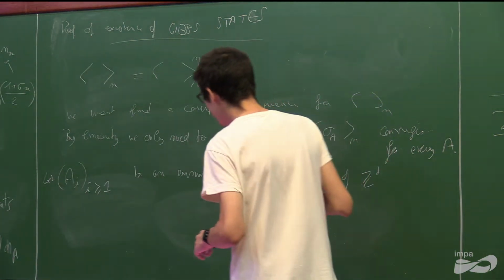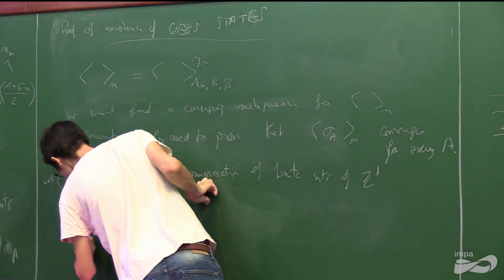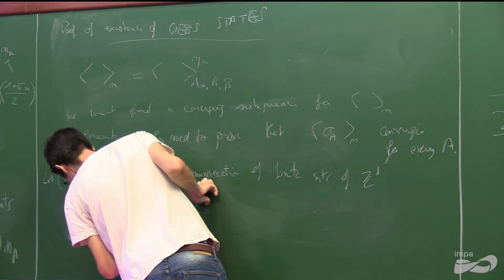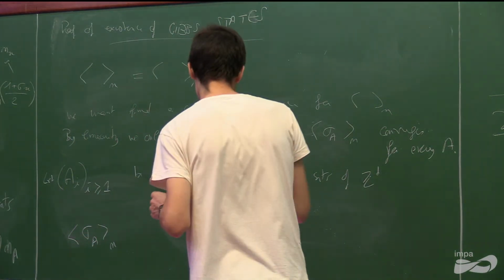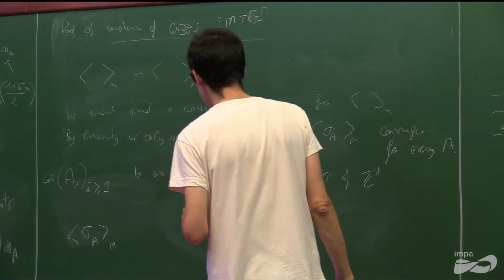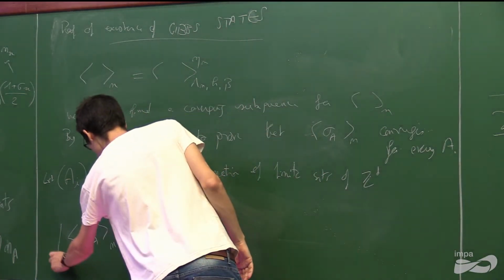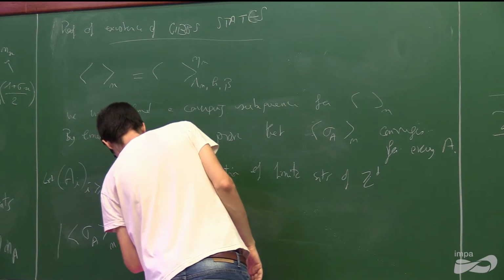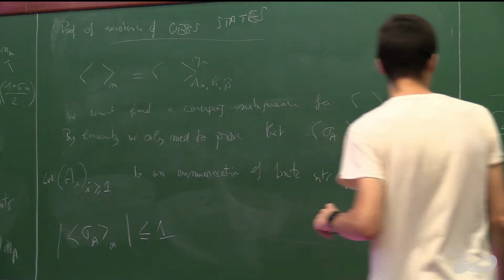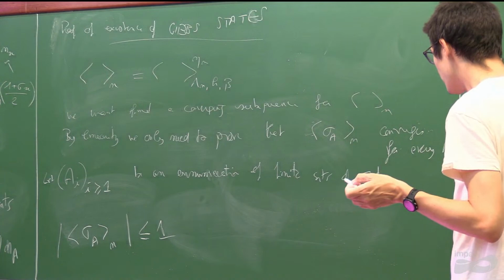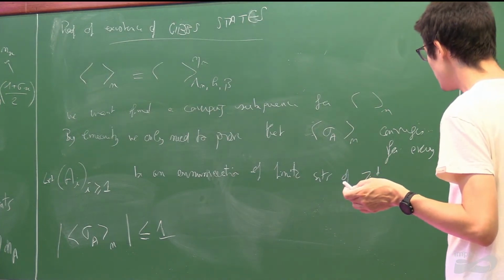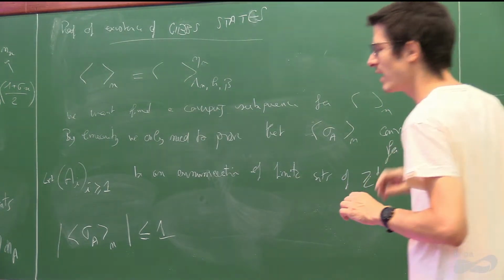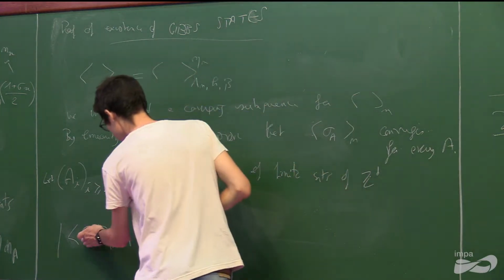And now what I have is that sigma_A_n, I know that this is smaller than 1. Well, let's make it for N_A, this will be easier.